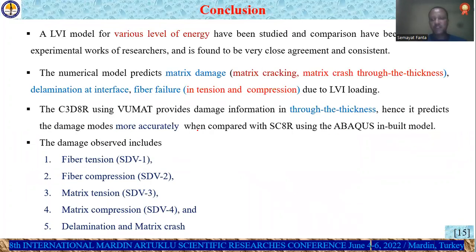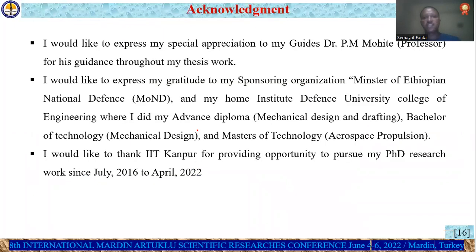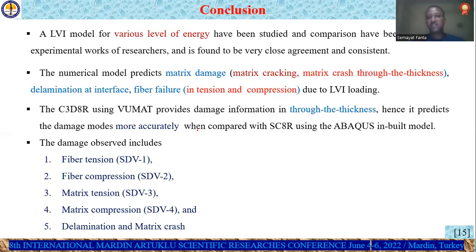So when I conclude my work, the low velocity impact model for various low levels of energy has been studied, and comparison has been made with the experimental work of researchers and found to be in very close agreement, in a consistent manner. The numerical model predicts matrix damage like matrix cracking, matrix crush through the thickness, delamination at the interface, and fiber failure in tension and compression due to low velocity impact.